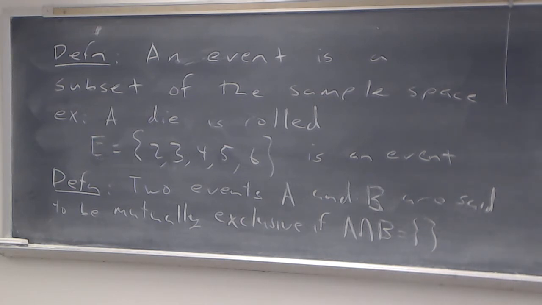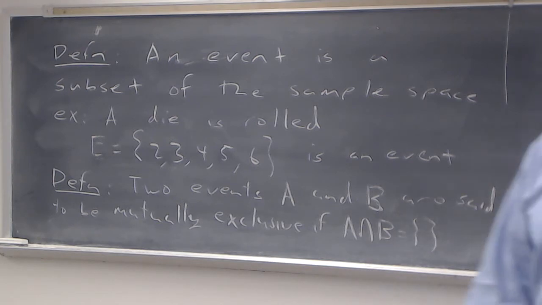Okay, so when we think of mutually exclusive events, we're saying that their intersection is the empty set. That means what they have in common is nothing. That really means if one of the events happens, the other one can't happen. That's what we mean by mutually exclusive.